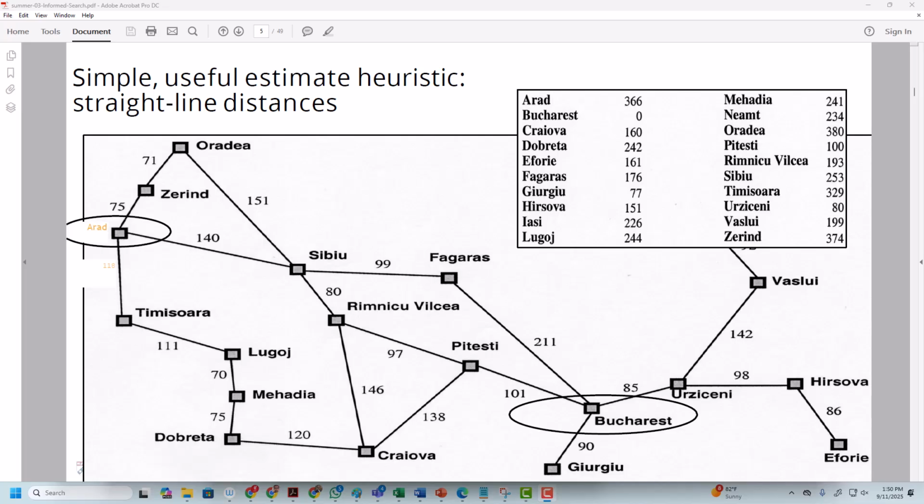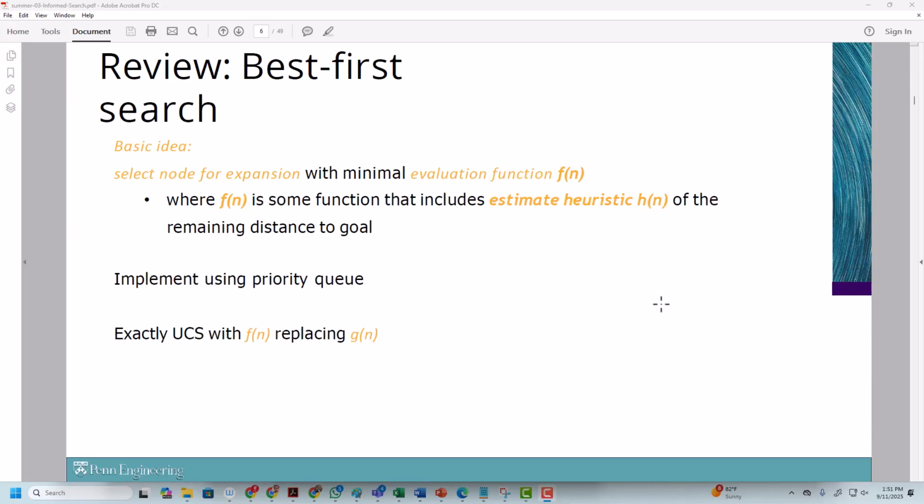The choice of f(n) defines which strategy we are running. For greedy best-first search, which is the first strategy, the evaluation function is simply f(n) equal to h(n). This means the algorithm always expands the node that appears closest to the goal according to the heuristic.